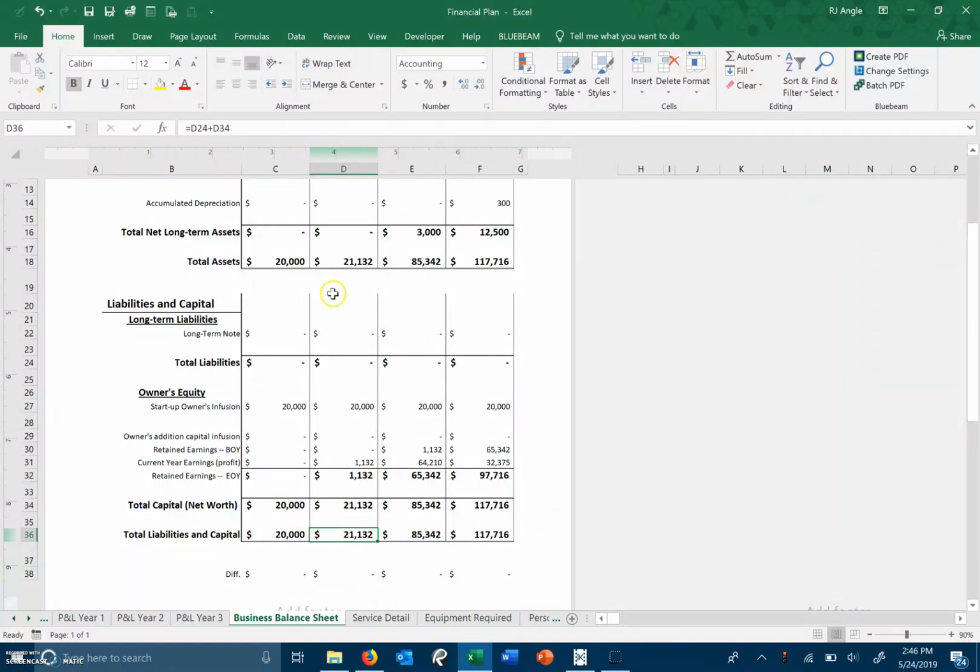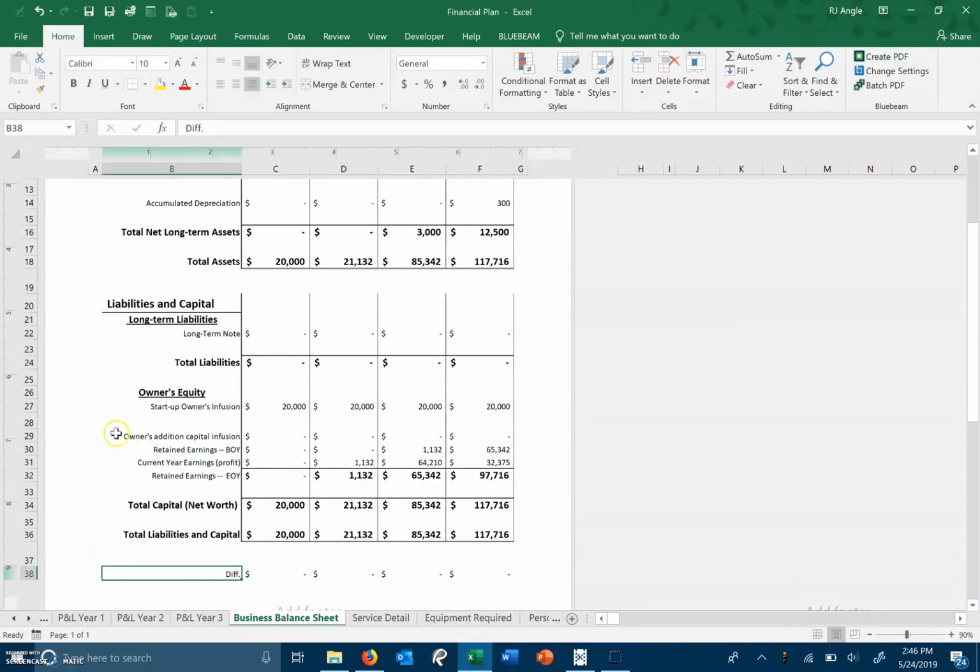So balancing this information is how you identify your liabilities, what you owe, how that is in ratio perspective relative to your total net worth within the business, and what the total value of that company is at that point in time based on all of that with your total liabilities and capital. And when you minus these two values, it should always equal 0, which it does because I have balanced this sheet correctly.